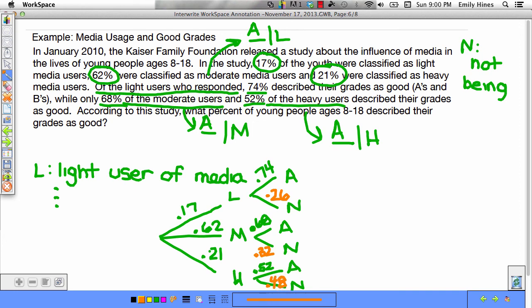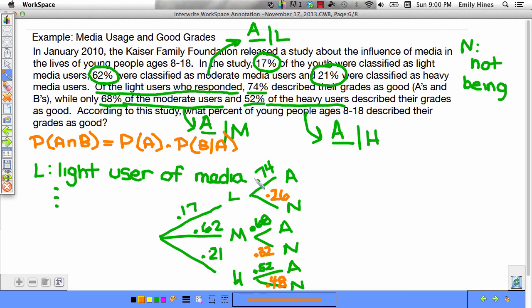0.48. Okay, now if I think about that multiplication rule, if I want the probability that A and B occur, that's the probability of A times the probability of B given A, I can just follow my branches and multiply.